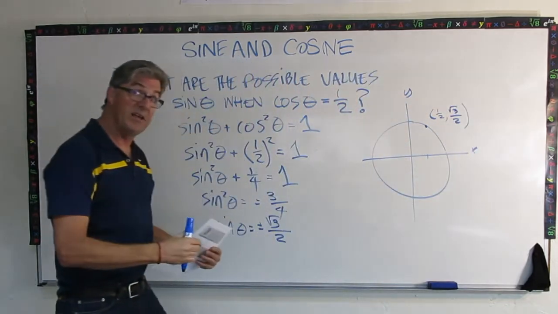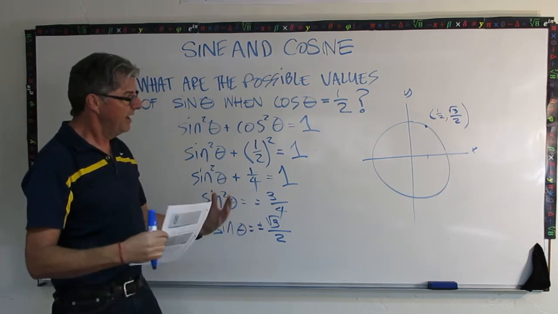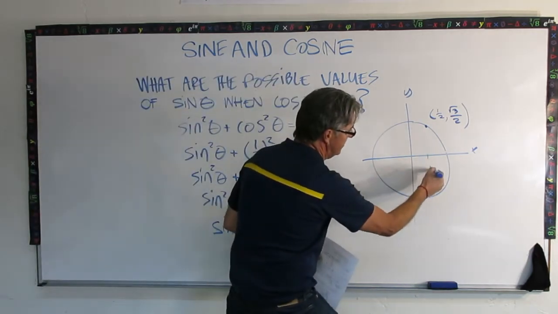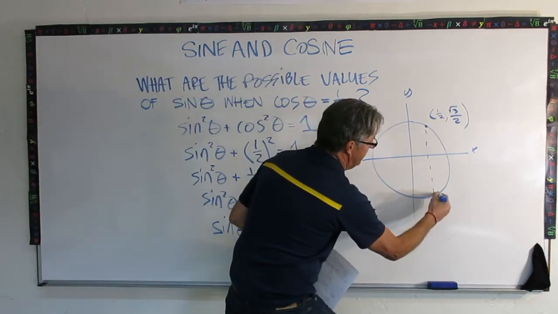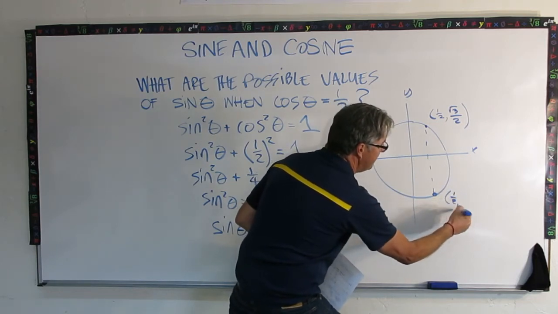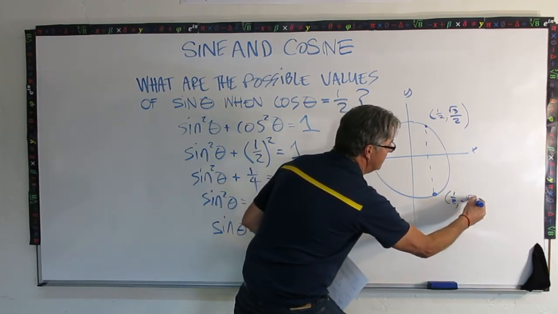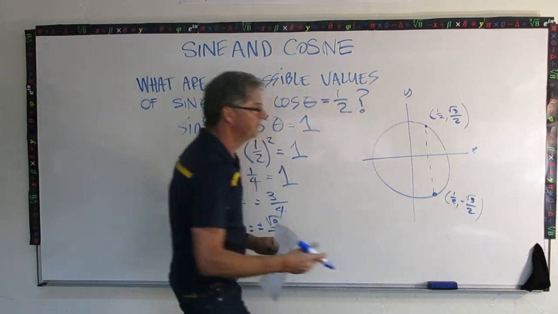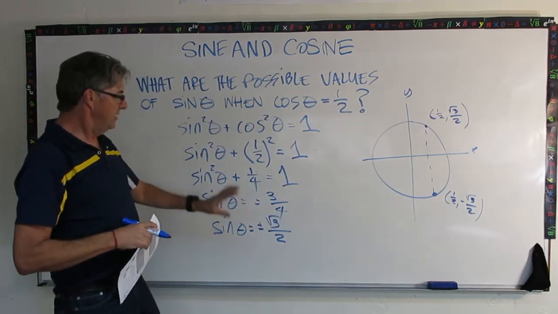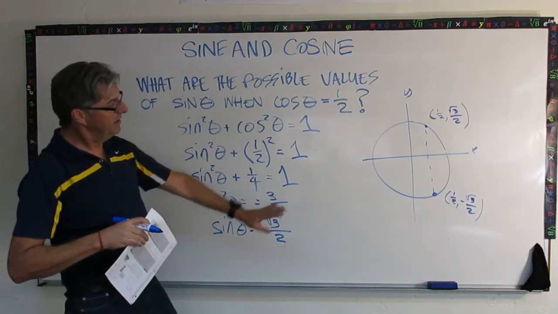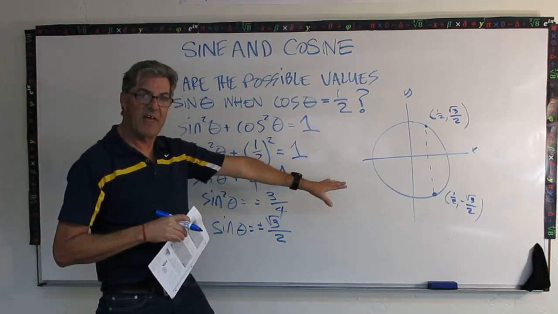Now there's two possibilities, right? We have a plus or minus, and that's pretty simple. That's just this one all the way down. And this one would also be positive 1/2 for the x, but now we're minus root 3 over 2 for the y. Okay? So we solved this algebraically, then we threw it on the unit circle to see how that plays out.